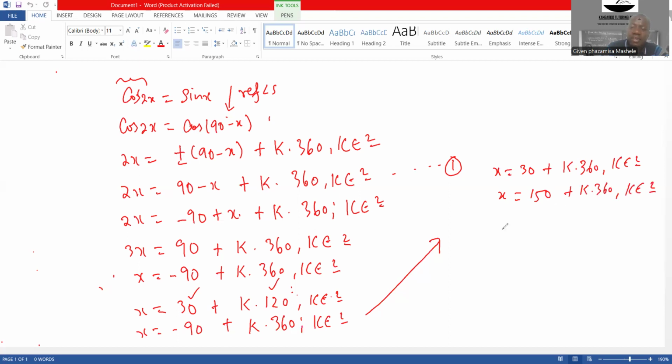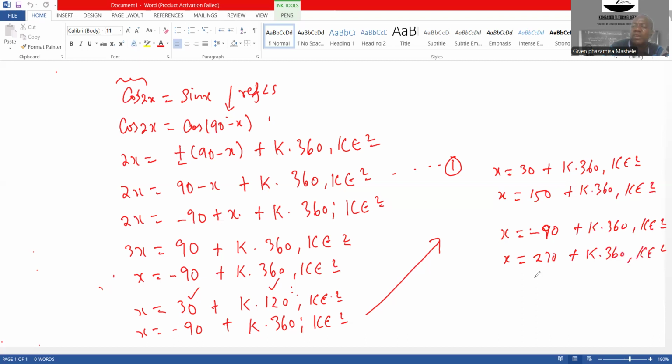Then for the other one, we can still say minus 90 plus k times 360, and the other would be minus 90 plus 360, which gives us 270 plus k times 360, where k is an element of integers.